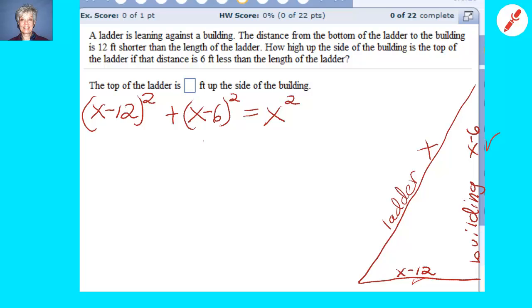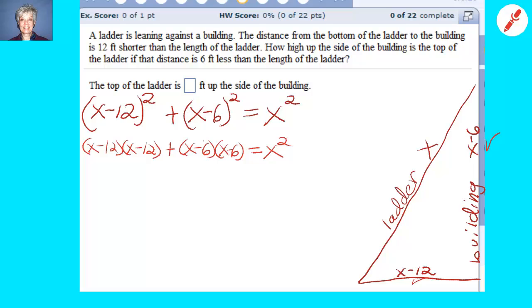Now let's get to work here. (X minus 12) squared is x minus 12 times x minus 12, plus (x minus 6) squared is x minus 6 times x minus 6. And x squared is just x squared.